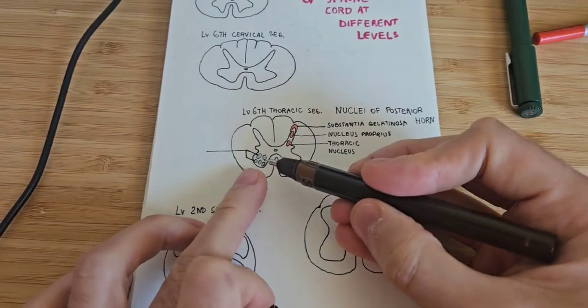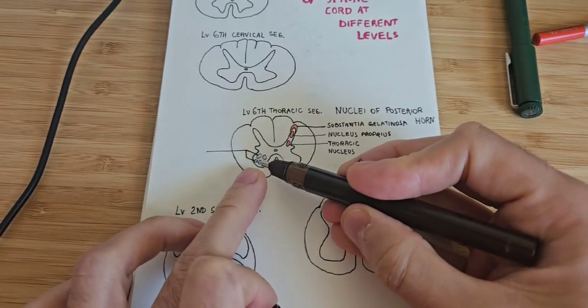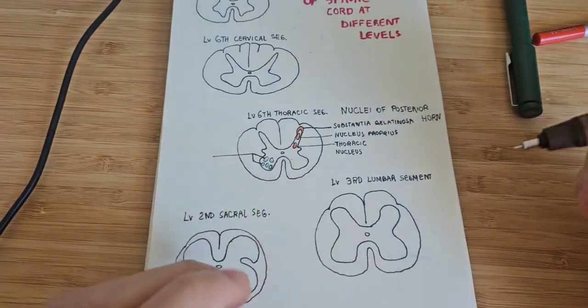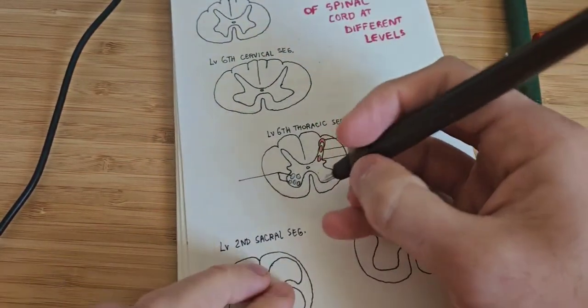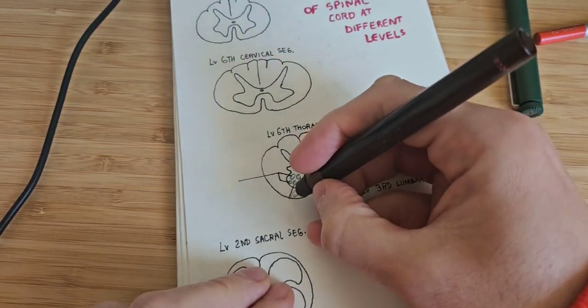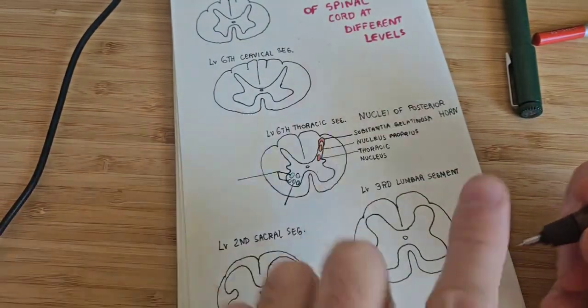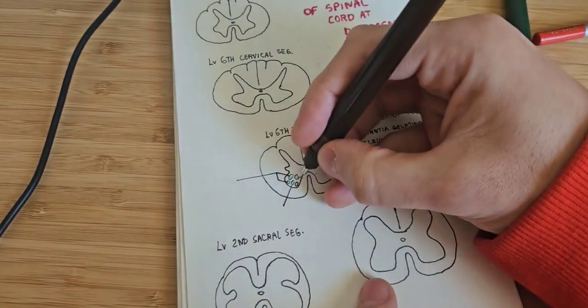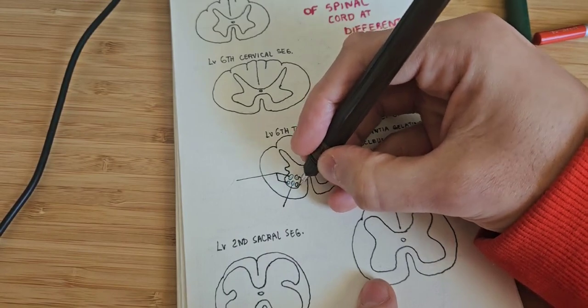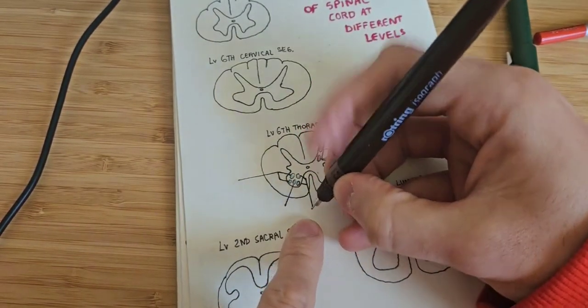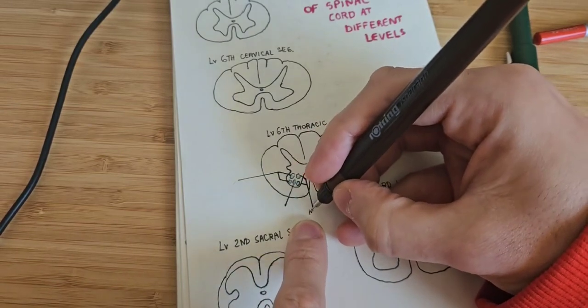These two nuclei. I hope you can see it. And then we have the central nucleus, which is this one. And then we have the medial nuclei, which is these two here. I think I can write down here, medial nuclei.